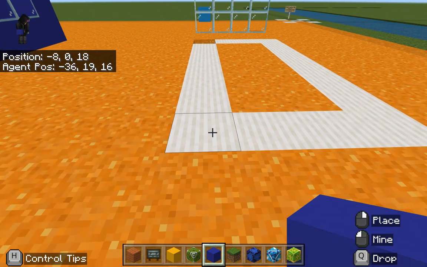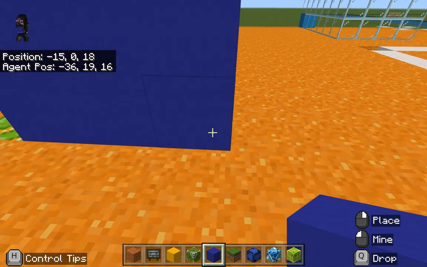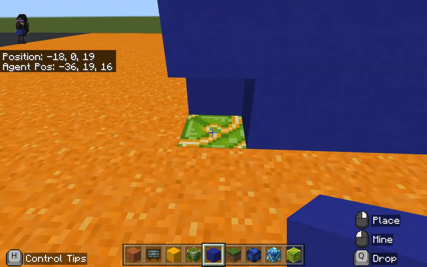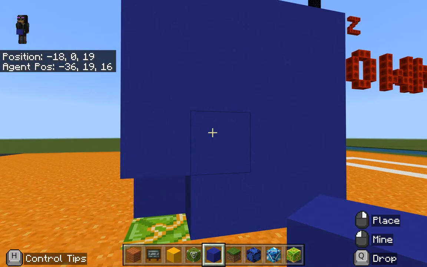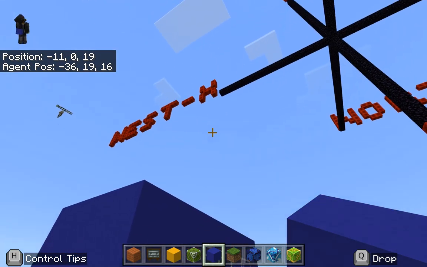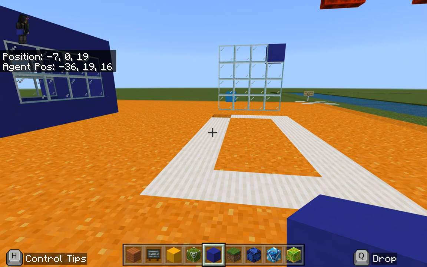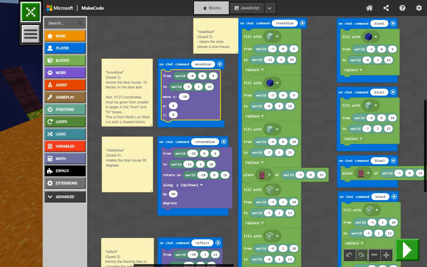So if I'm here and I want to move it 1, 2, 3, 4, 5, 6, 7, 8, 9, 10 on the -X, and each one of these blocks moved -10 on the -X axis here, which is why the move blue command takes that chunk of code, these coordinates, and moves it 10 on the -X. So try that out and see what happens.